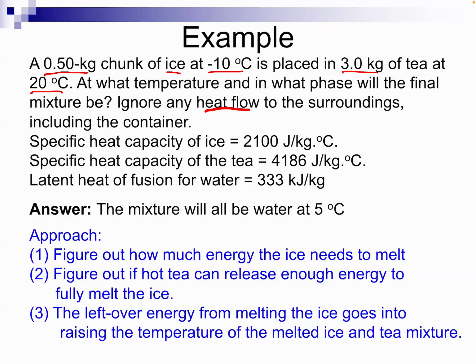Then we also need to figure out whether the hot tea can indeed release enough energy to fully melt the ice. Because if the hot tea doesn't have enough energy to fully melt the ice, then you'll still have small chunks of ice floating in your tea. And if there is some leftover energy, that will go into heating up the ice and tea mixture, and that will allow us to find the final temperature.